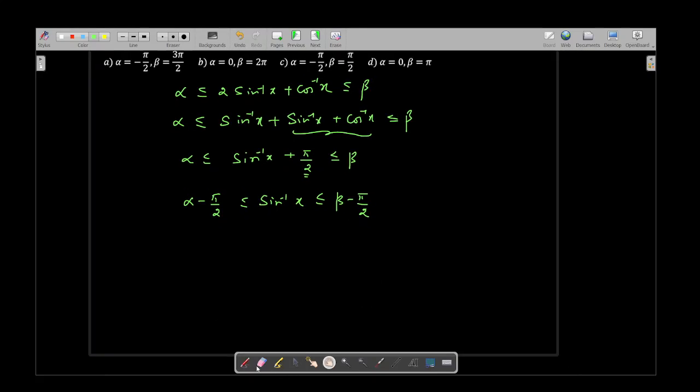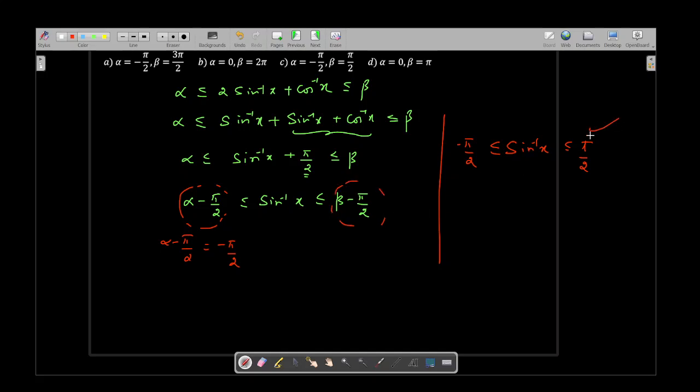So we know that the range of sine inverse of x is minus pi by 2 to pi by 2. So I have to equate this value to minus pi by 2. So alpha minus pi by 2 should be equal to minus pi by 2, and beta minus pi by 2 should be equal to plus pi by 2.